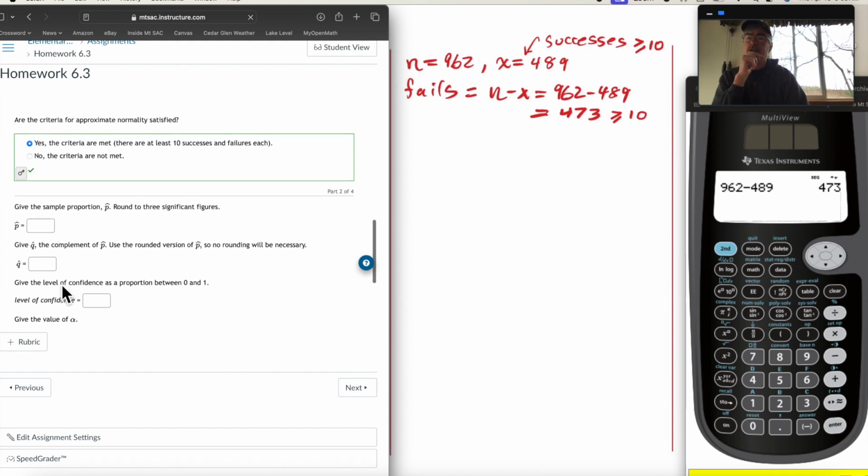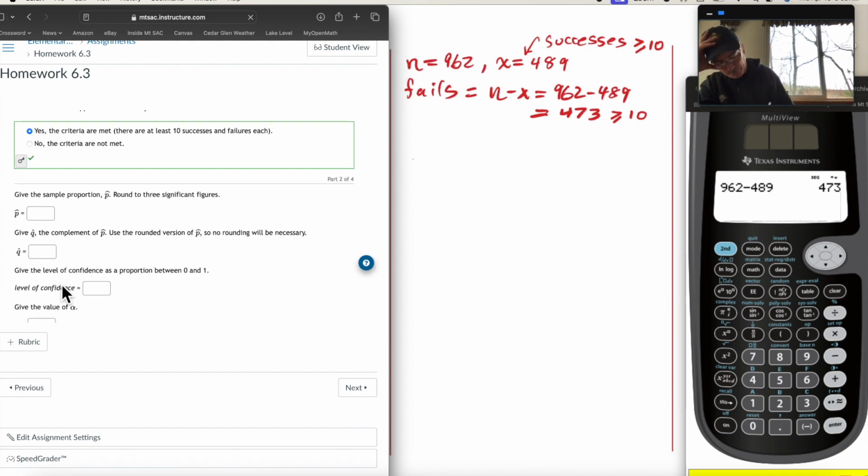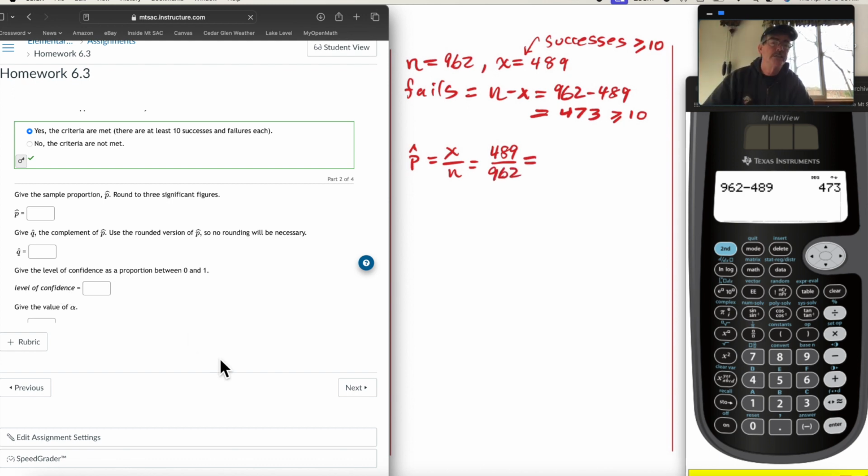Okay. Now we want the sample proportion. So p hat, the sample proportion, is X over N. So here that'll be 489 divided by 962. Do that on a calculator. Okay, so that's, and with 3 significant figures, we'll go with 0.508.